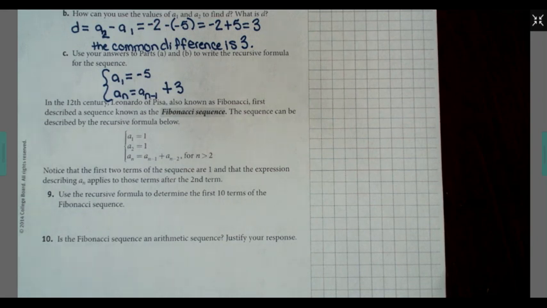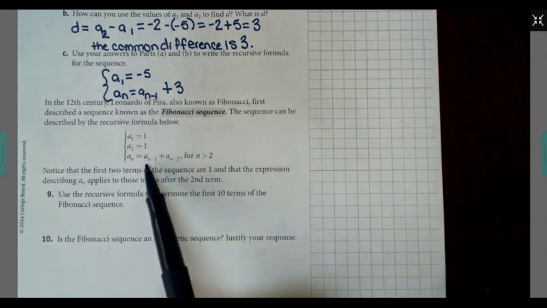A sub n equals a sub n minus 1 plus a sub n minus 2 for n greater than 2. Notice that the first two terms of the sequence are 1, and the expression describing a sub n also applies to those terms after the second term. Use the recursive formula to determine the first 10 terms of the Fibonacci sequence.